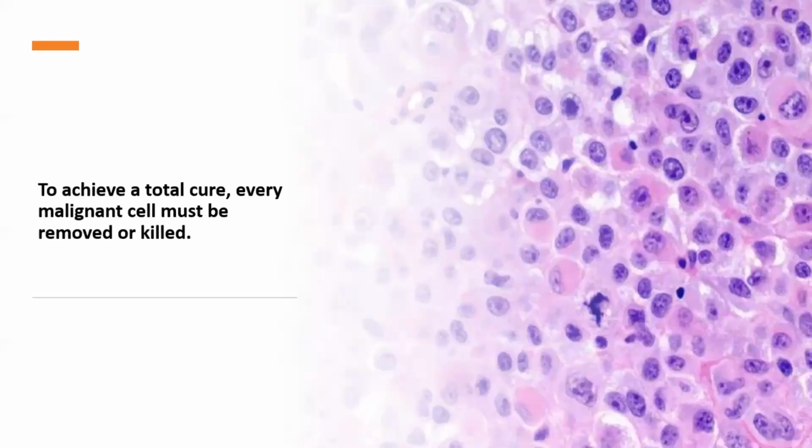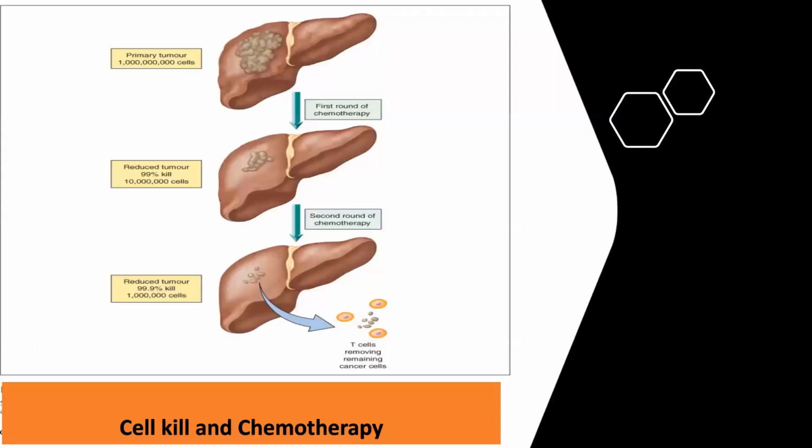To achieve a total cure, every malignant cell must be removed or killed. So this is how cell kill in chemotherapy works. If the primary tumor has this many cells, we do the first round of chemotherapy and we can see the reduced tumor size. It reduced the tumor by 99%, the cells are killed.